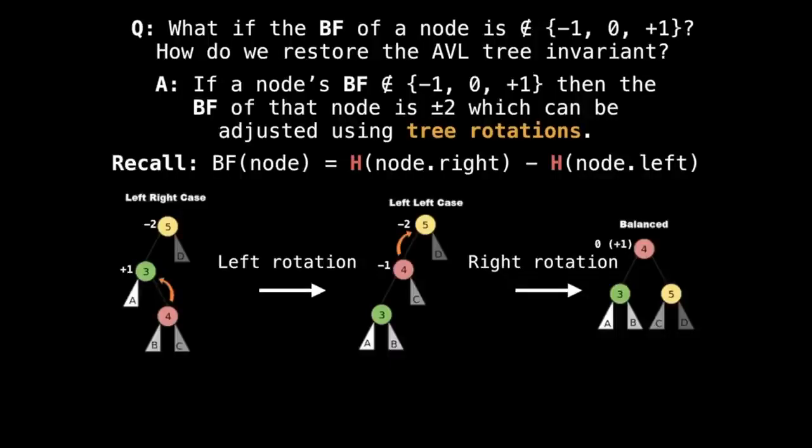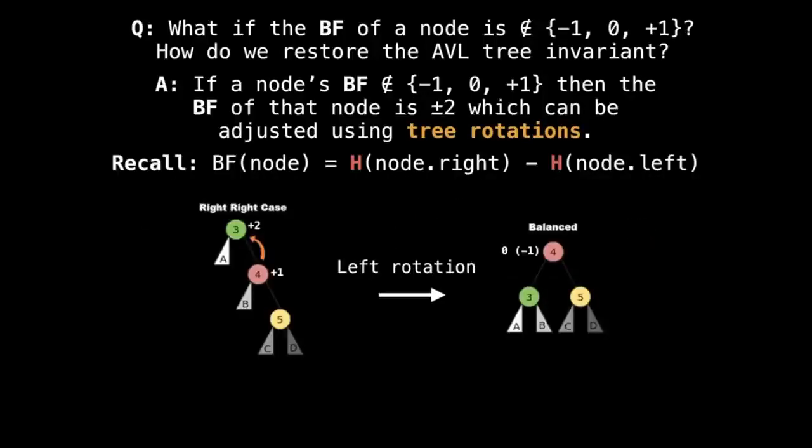To fix this, you do a left rotation about the left child, so the green one on the leftmost image. What happens then is that this transforms into the left-left case we just saw, which we can resolve with a right rotation to balance.